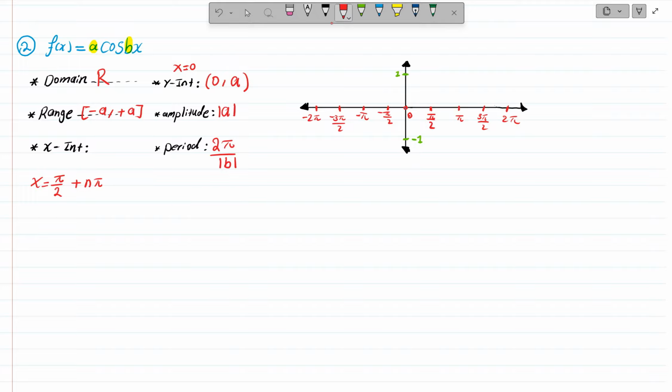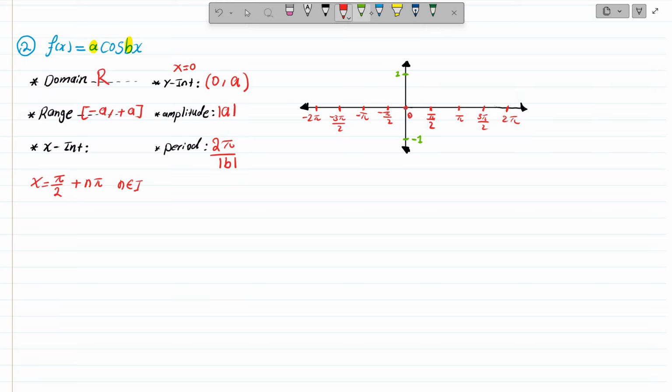For example, pi over 2, which is 90 degrees, cosine of 90 is 0. 3 pi over 2, which is 270, again makes cosine 0. So with this formula we can get all x-intercepts, where n belongs to the integer set.